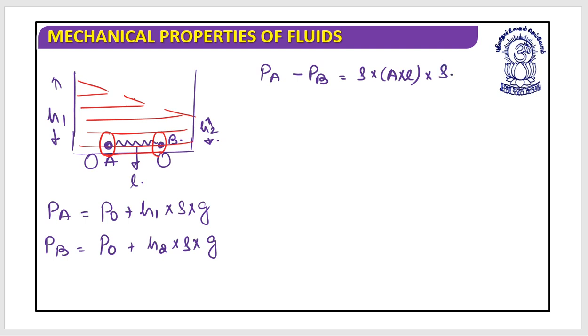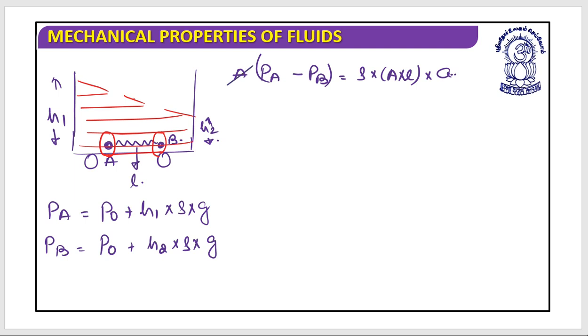Pressure multiplied by area gives the force, and force is equal to M into A. I hope this is clear.